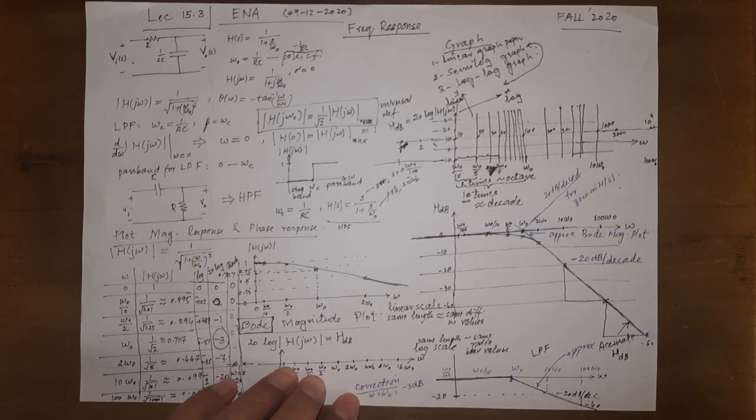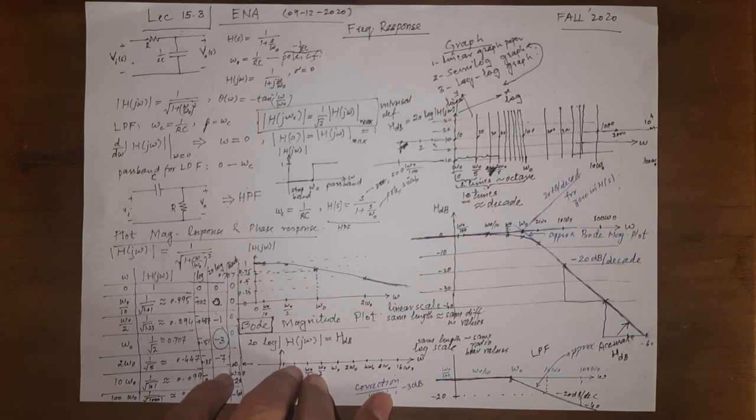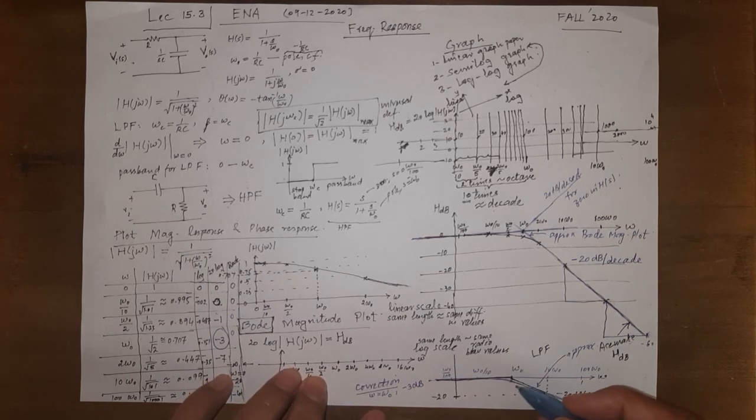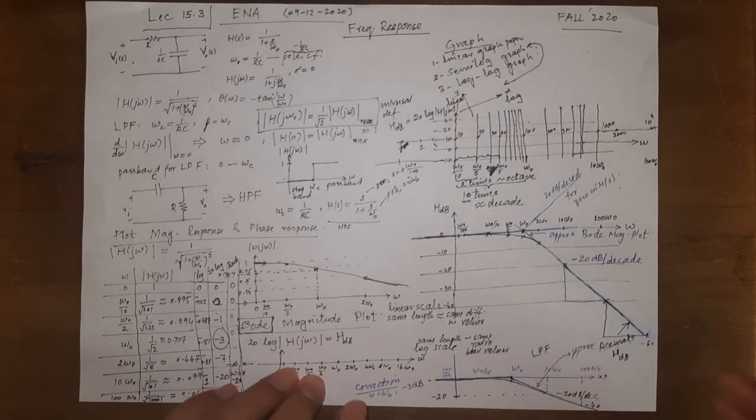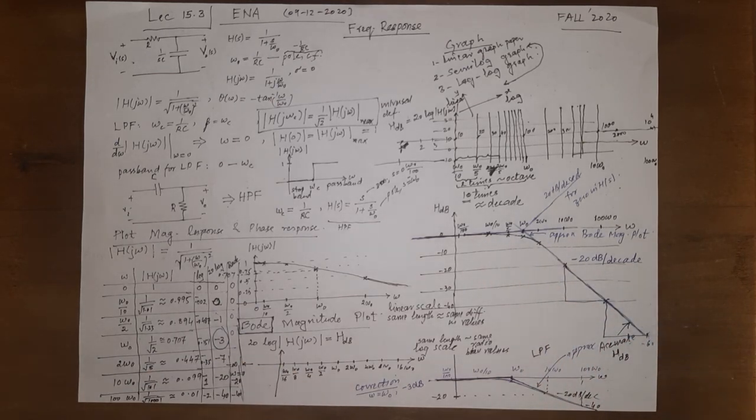Instead of the approximate one, when you make a smooth curve, draw something that passes through this minus 3 dB point. With this single correction, the actual response that you draw passing through this corrected point would look much similar to the actual magnitude response.